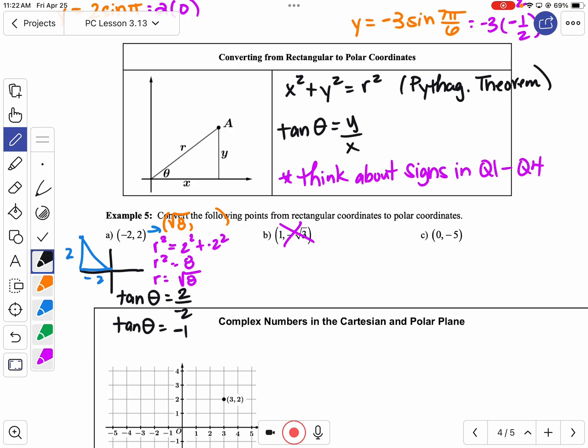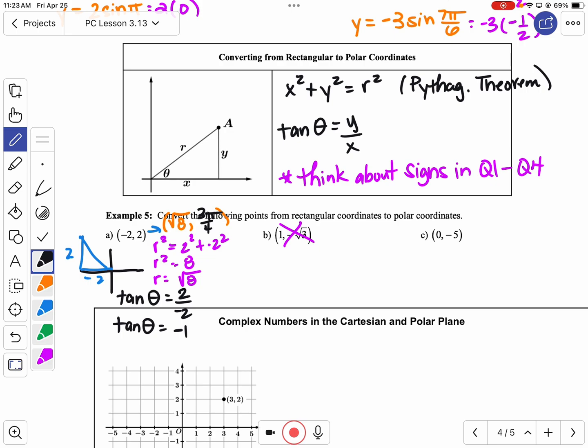Which angle gives me a tangent of 1? It's the pi over 4 family. What's its name in the second quadrant? 3 pi over 4, that's my theta. So that's why the quadrant is important.